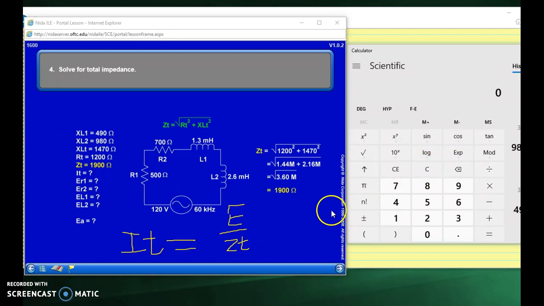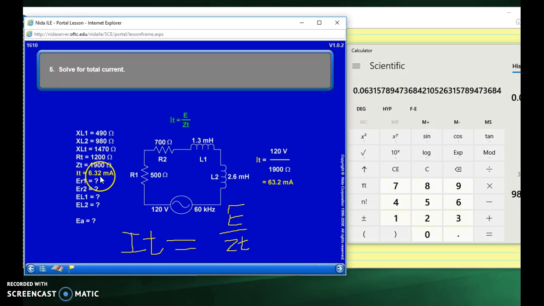We're going to take E, which is 120 volts, and divide it by ZT, which is 1900. Now our answer is in ohms, so our answers will be in amps. So that is 0.063 amps, or if I move the decimal place 3 places, I'm going to come up with 63.2 milliamps. And they came up with 6.32 milliamps. I said 63, I meant 6.3.